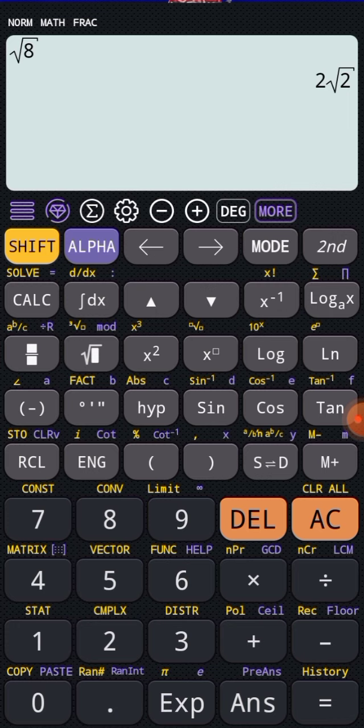So before you press plus 27, because if I just press plus 27, the 27 will be inside the root, but I don't want the 27 to be inside the root. What you do, you press the forward part of your replay button. Then the cursor will move once to the forward part. Then you now click on plus 27. So you're going to have 27 plus 2 root 2. That's what you are having for this answer.